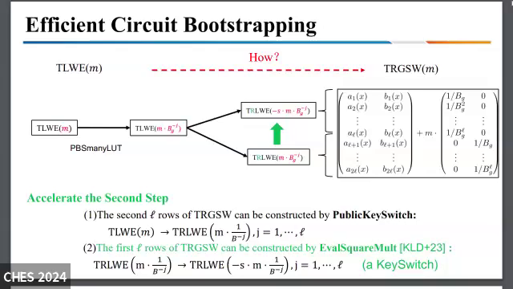The first rows of TRGSW can be constructed by an operation called evaluate square mult, proposed by KLD 23. Evaluate square mult is a very simple operation. It can be seen as a key switch. So this step is very fast.